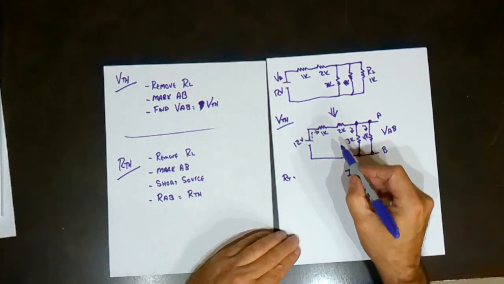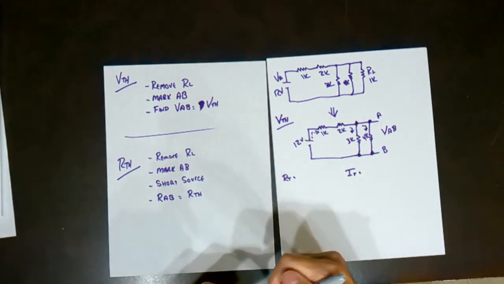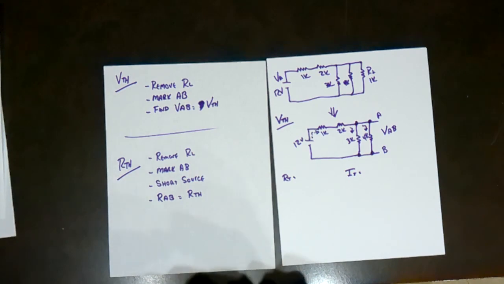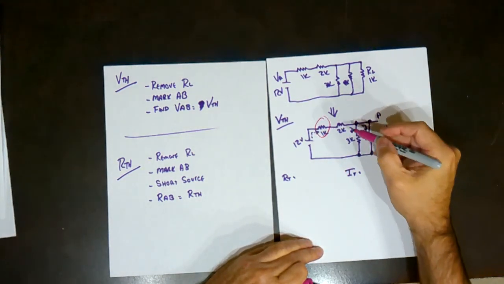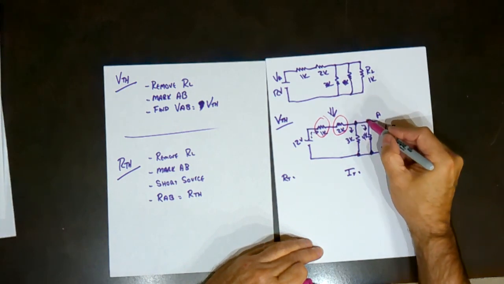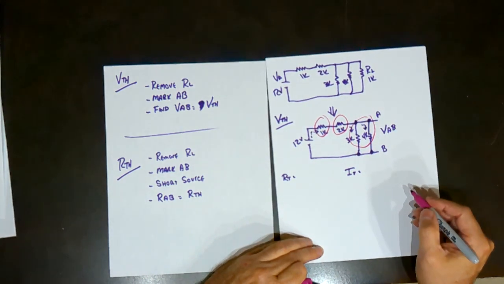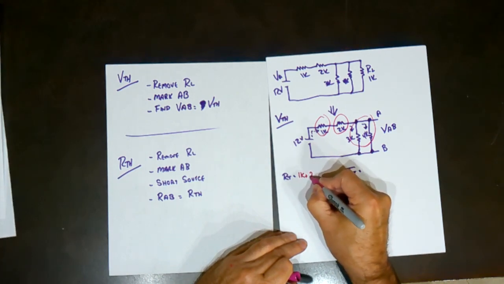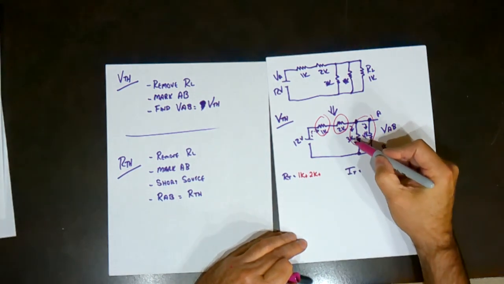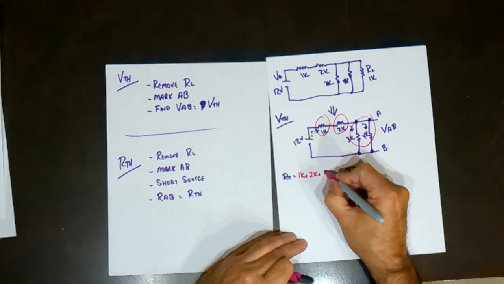So R total, again, this is similar to our example we had at the beginning when we were looking at series parallel. So there's bubble A plus bubble B plus bubble C. So R total is going to be 1K plus 2K plus 3K in parallel with 4K.